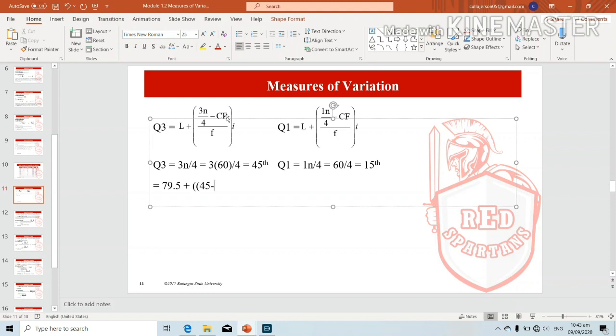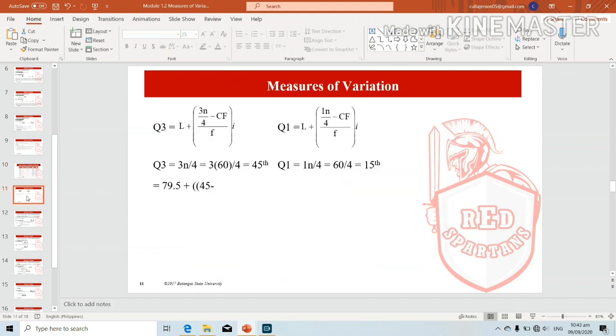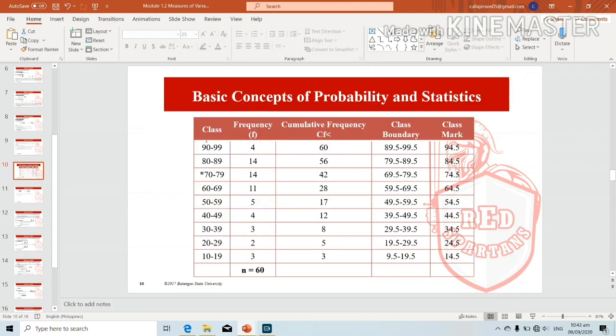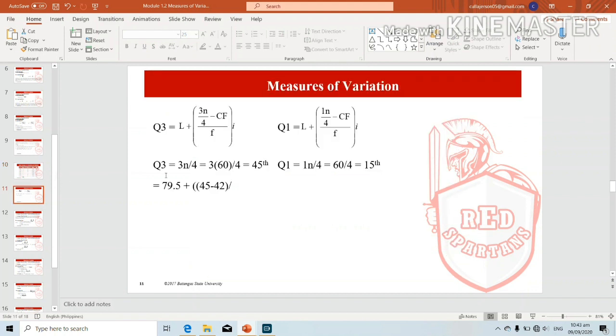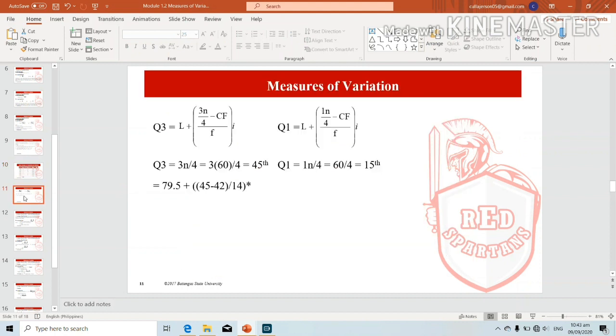minus, ano yung cumulative frequency natin below? Ang cumulative frequency natin below is 42. So, 42, i-divide natin sa frequency. Ang frequency natin nung 80 to 89 ay 14. Divide 14 times ang ating class interval ay equal to 10.